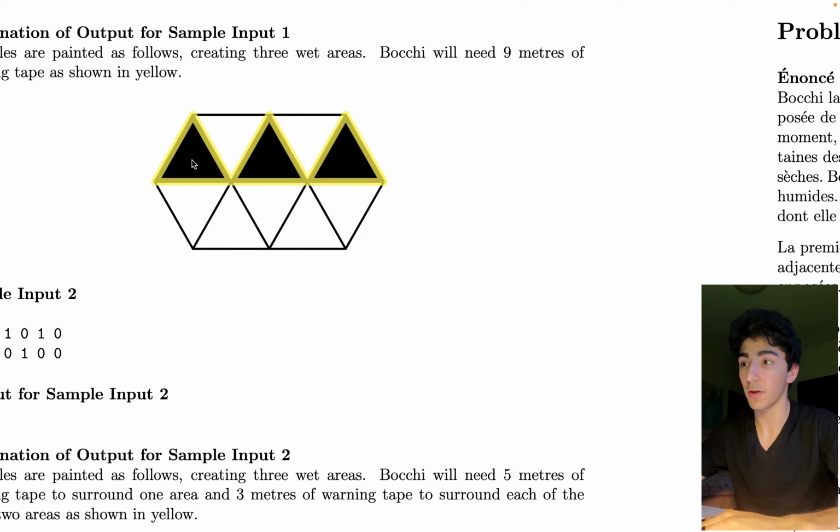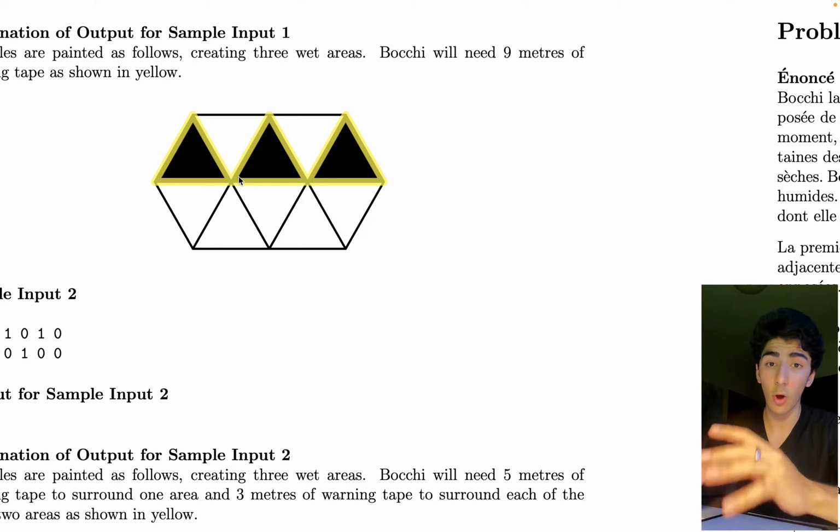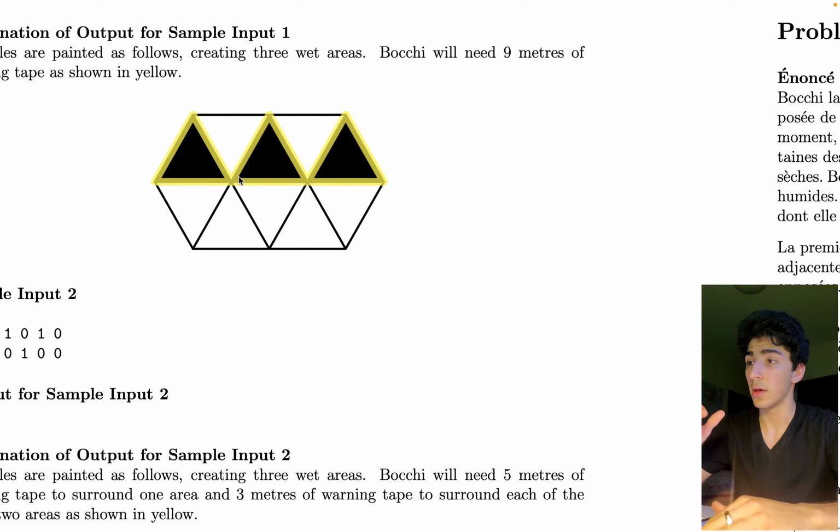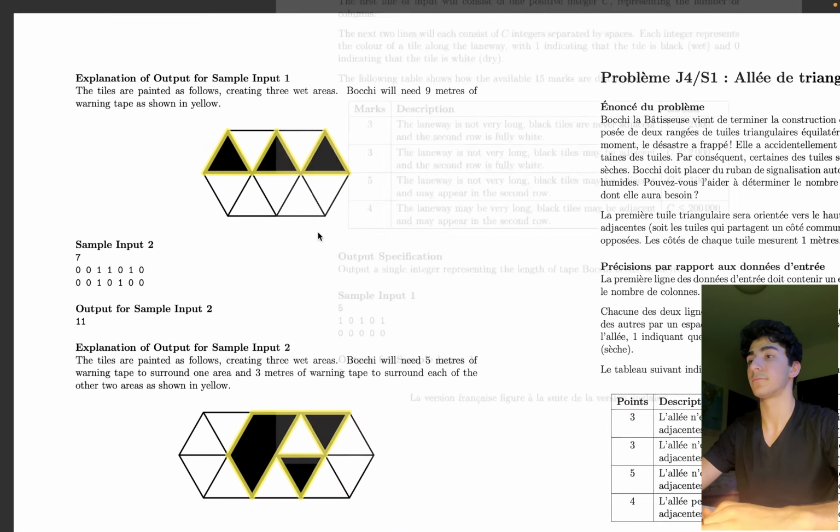So the first one points upwards, the second one points downwards, the third one points upwards, the fourth one points downwards, all the way up till C. And it's also important to consider that the bottom row, the second row, points the opposite direction of whatever the first row does. So if the first triangle in the first row points upwards, then the first triangle in the second row points downwards. And on and on.